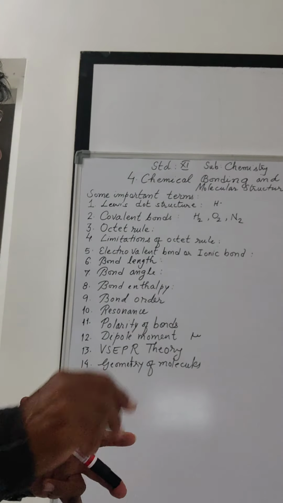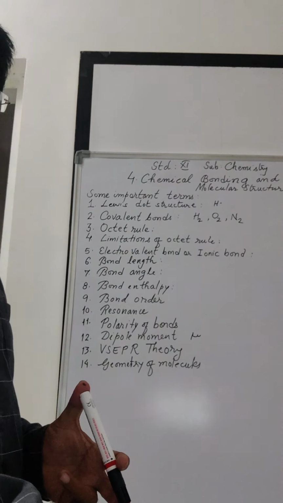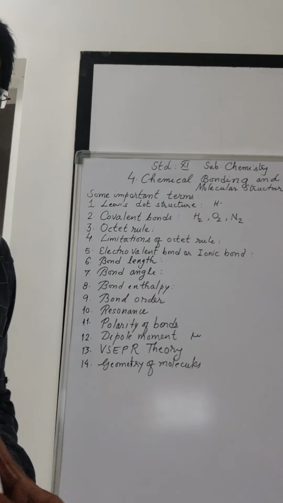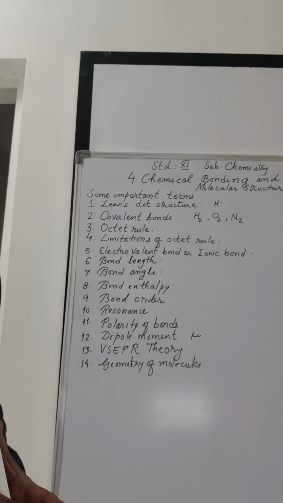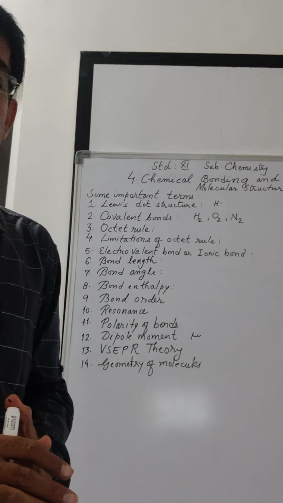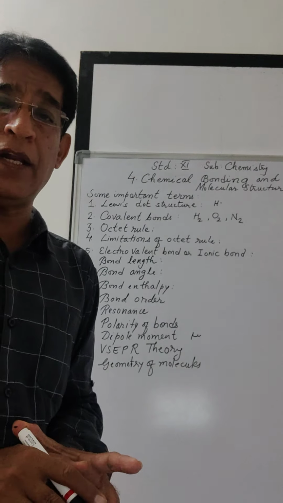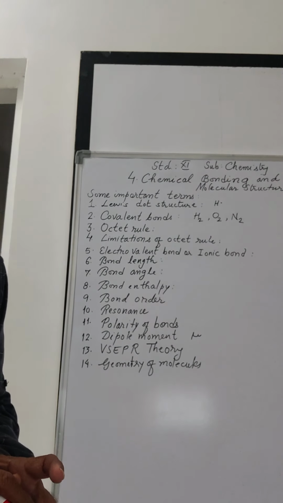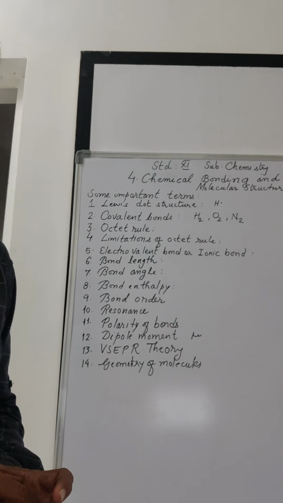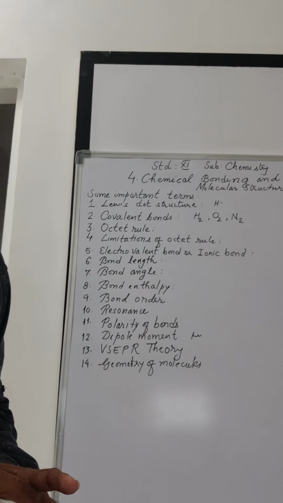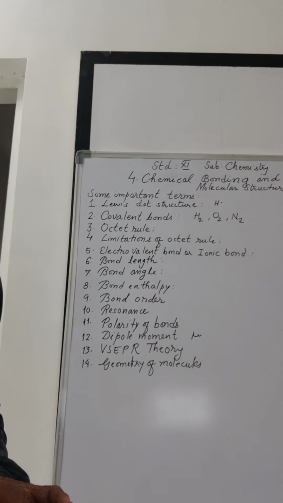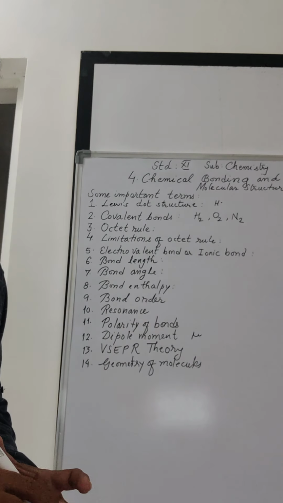Now, geometry of molecules. If bond pair is 2 and lone pair is 0, shape will be linear, example BeCl2.